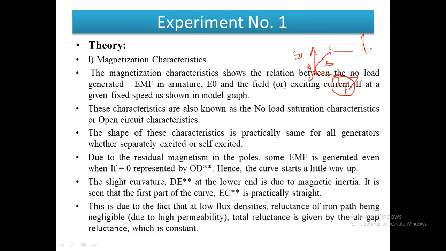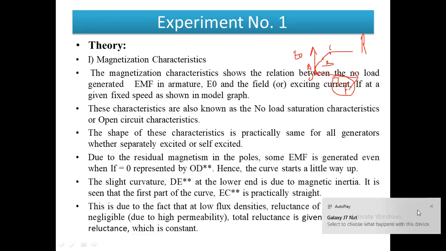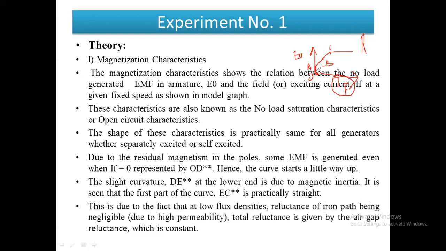Before exciting the field, when the field current is 0, at that situation some induced EMF is present. This induced EMF is shown by O to A. When the field current is 0, that is, the field winding is not excited, the generator has some induced EMF, shown by O to A, and it is due to the residual magnetism present in the pole before exciting the generator.